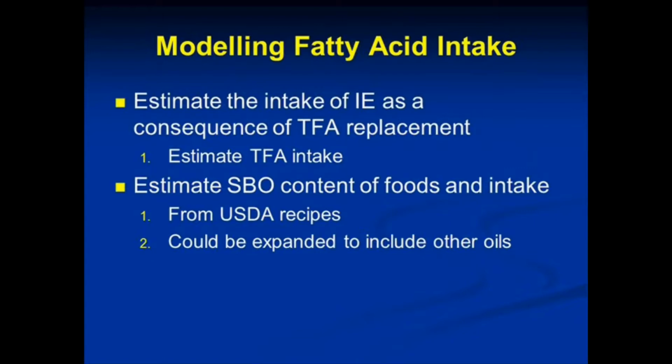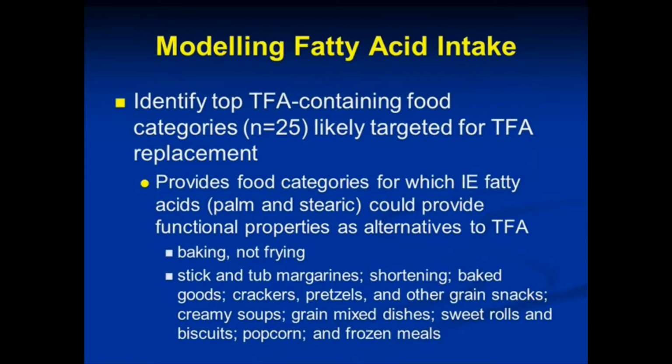Once we know the soybean oil intake, then we can look at how that soybean oil is being used. And the next step in this exercise, the third step, is to identify the top trans fat containing food categories, identified as 25 different categories that are likely to be targeted for trans fatty acid replacement.